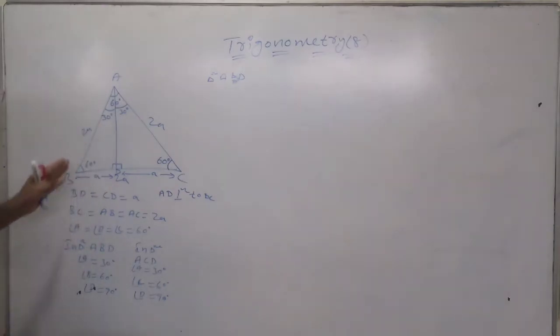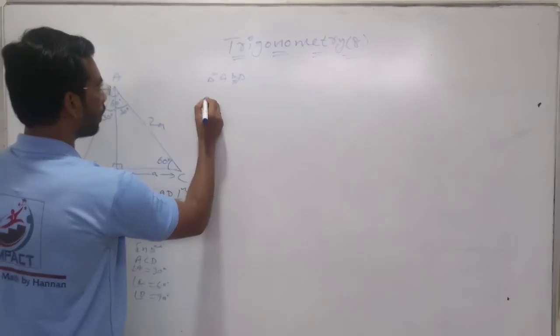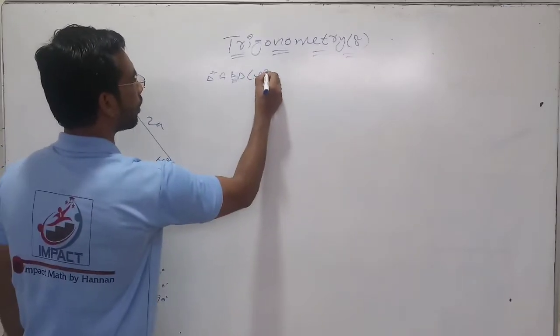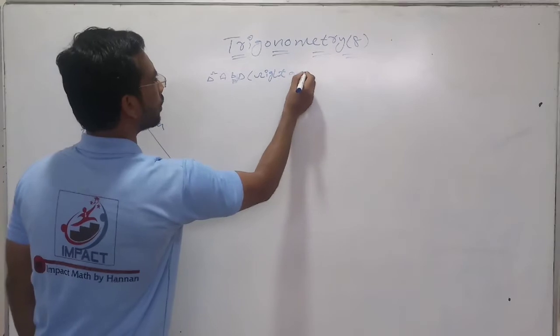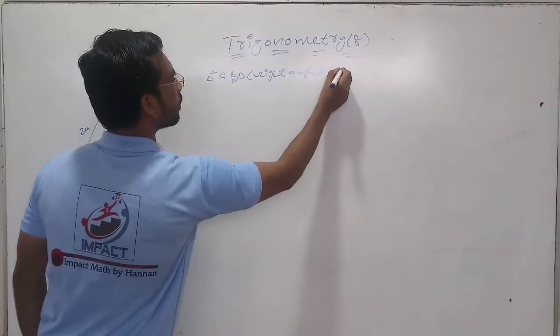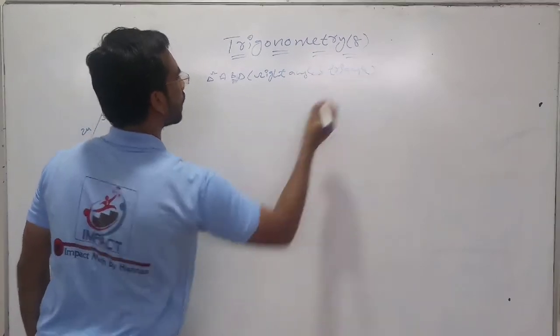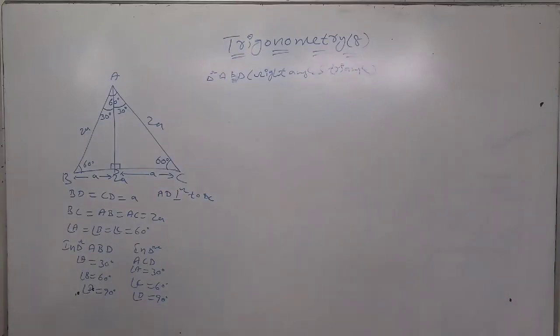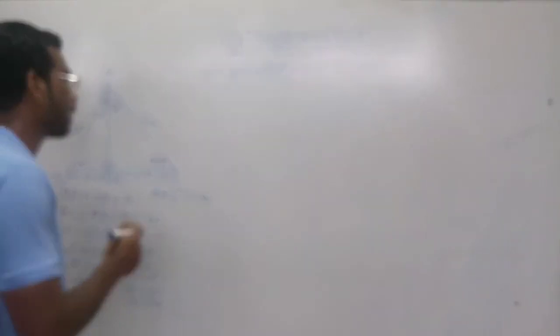Okay. Now if you see one of the sides, it is a right angled triangle. Okay.